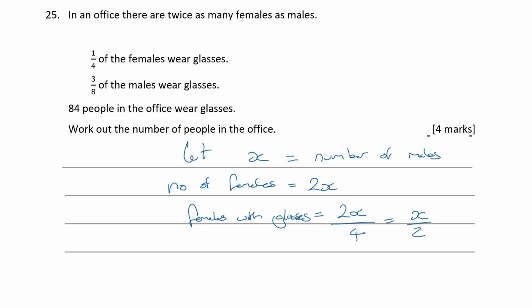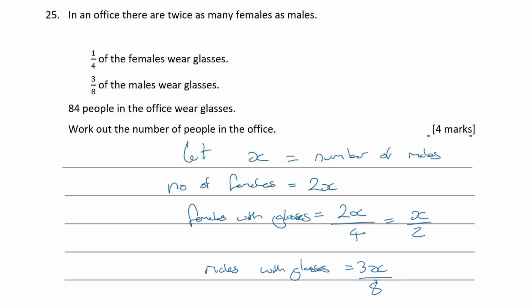And we're told that 3/8 of the males wear glasses, so males with glasses equals, well, there are x males and 3/8 of them wear glasses, so it's 3x over 8.